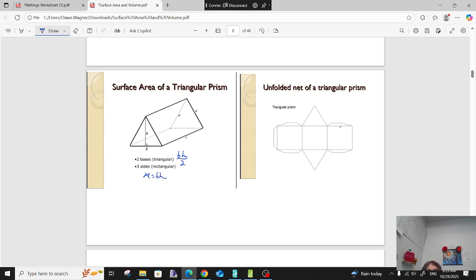If this is laid out flat like this, this would be the base, and this would be the height of the triangles, correct? The rectangles could have whatever this side length is, so these could all have slightly different dimensions.